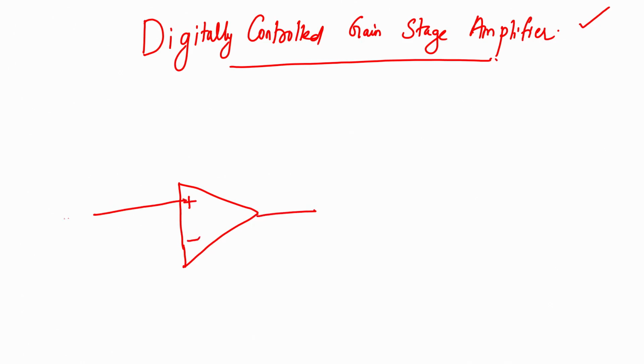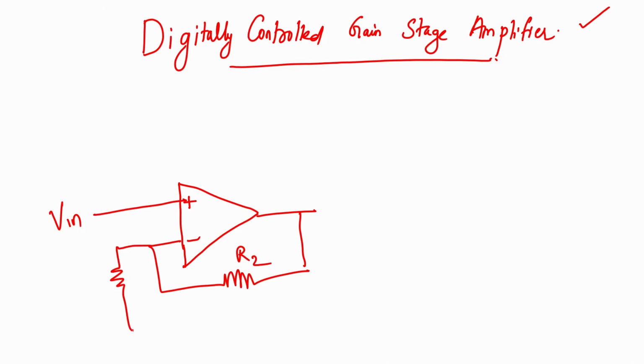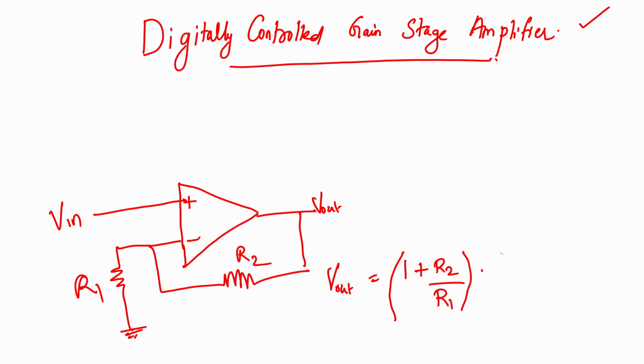You give the input directly to this Vin, and you will have a negative feedback resistor R2, and another resistor connected to ground, which is R1. Your output Vout is equal to 1 plus R2 by R1 times Vin, correct.